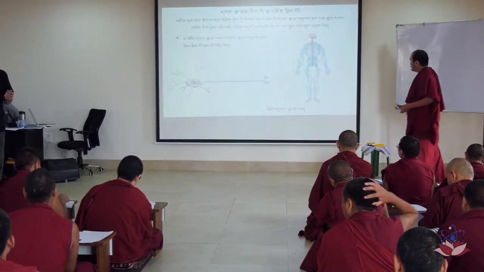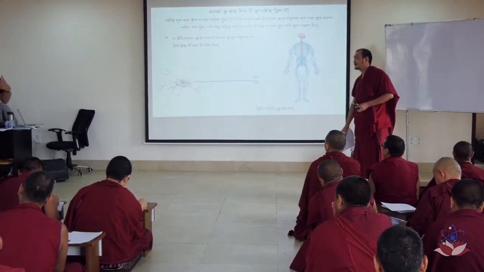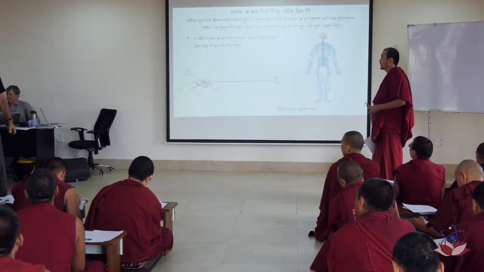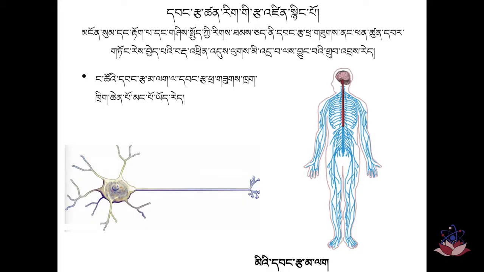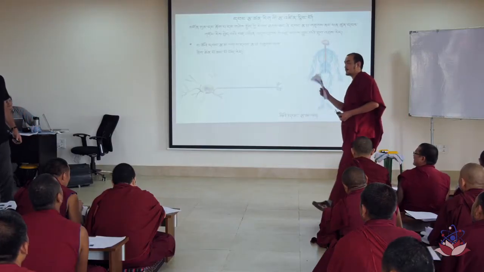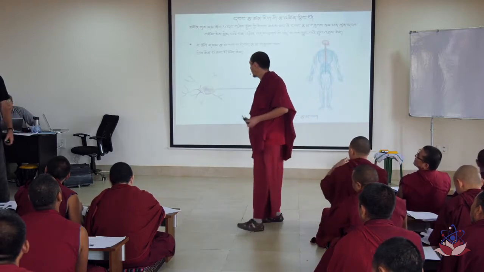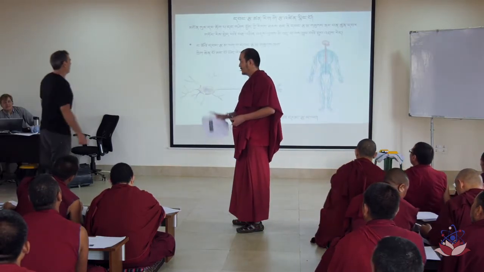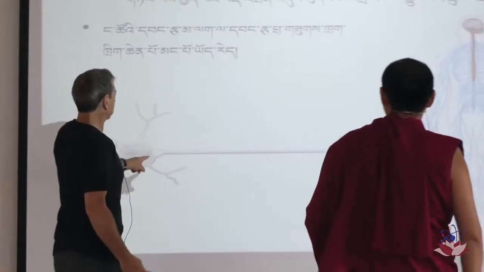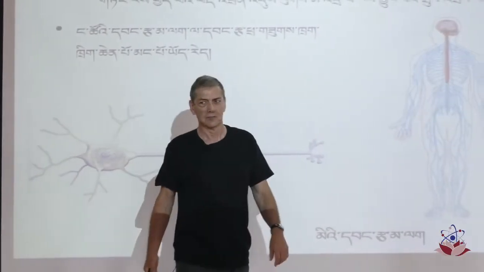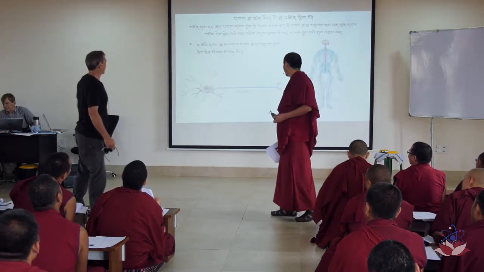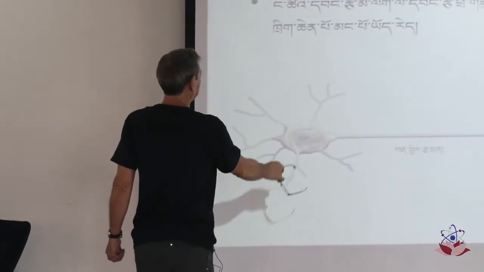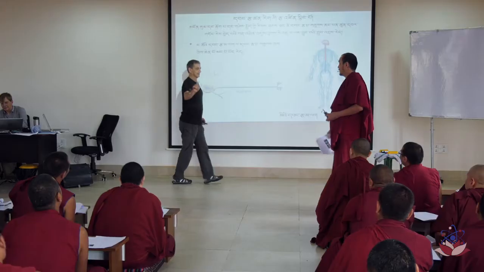So here you remember, in this lecture, I review some of the things you learned last year. What is this? This is a neuron. A neuron, okay? And what is this? This is an axon. Good. And what is this? Cell body.